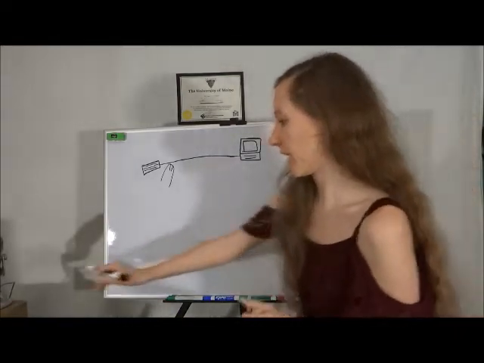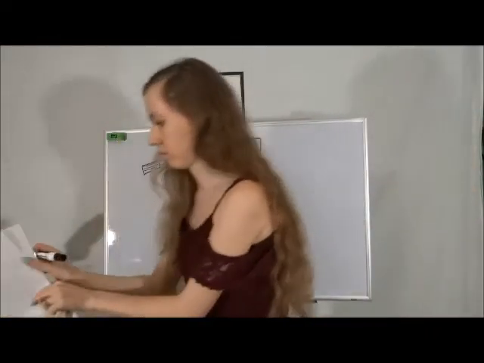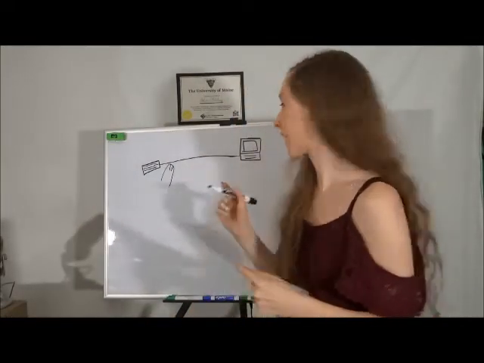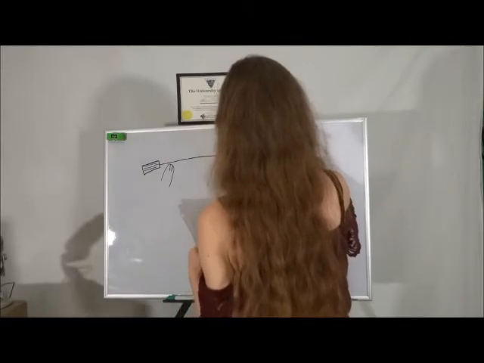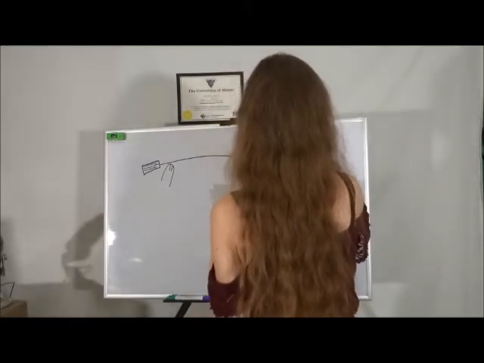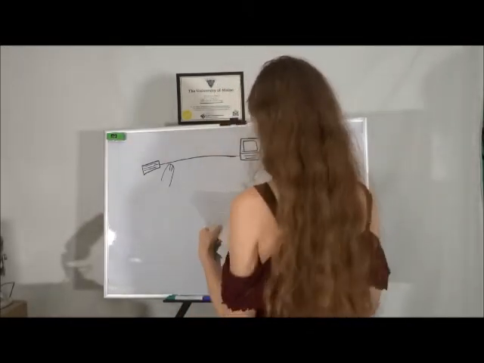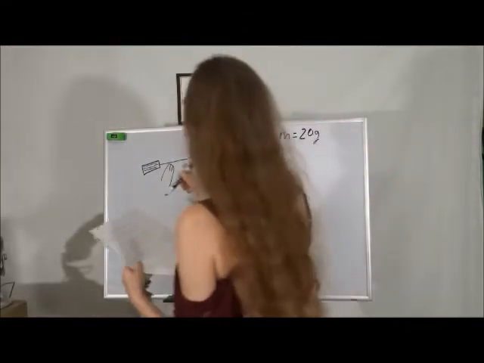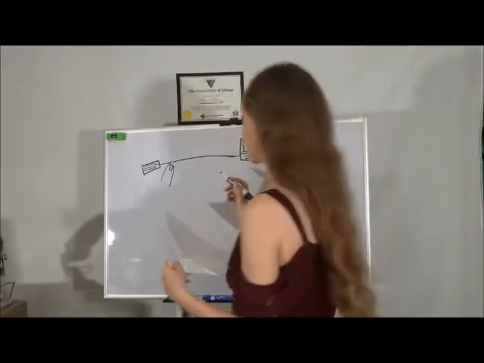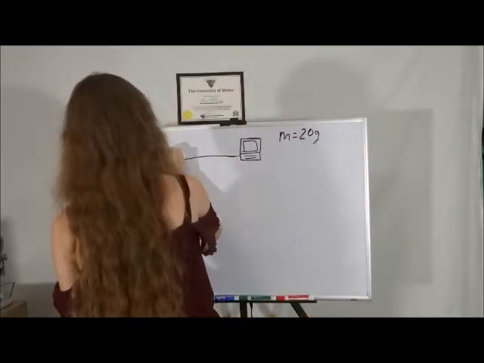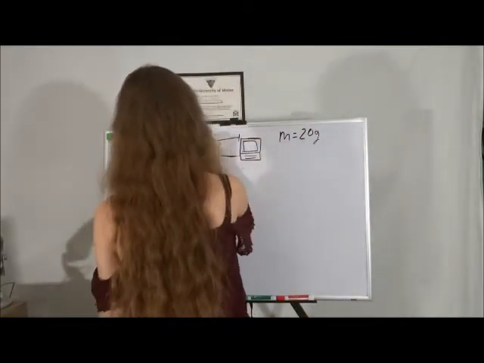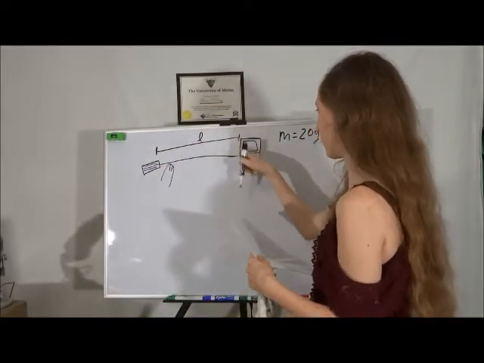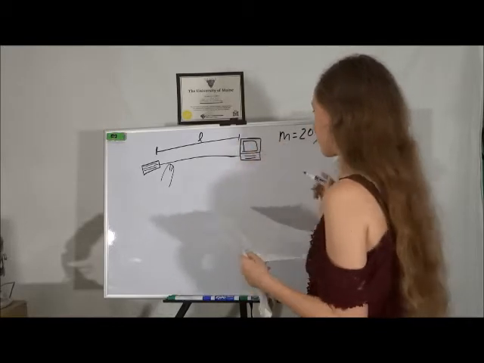So let's suppose that our string weighs 20 grams. So M is 20 grams. Let's also suppose that the length between the book and the computer is half a meter. So this length here is our length L. So going from the end of the book to the beginning of the laptop.